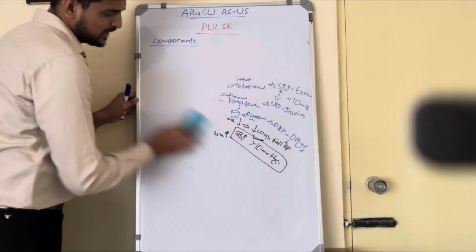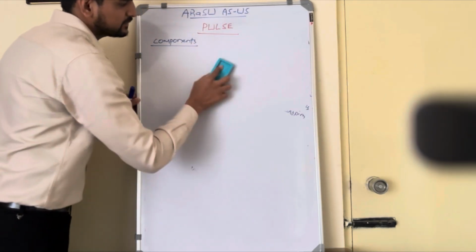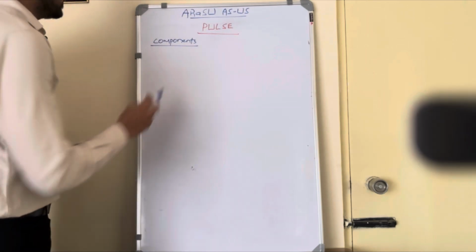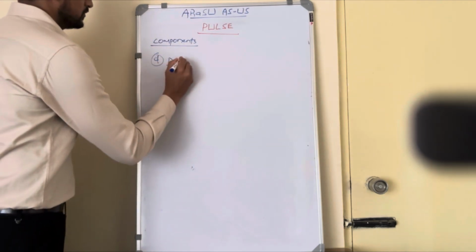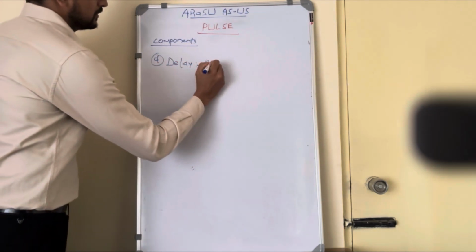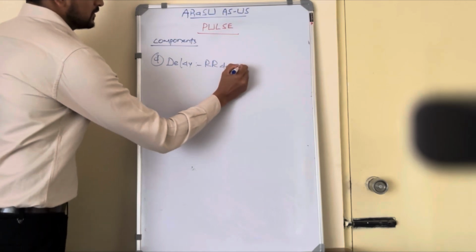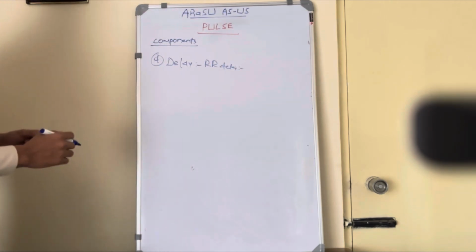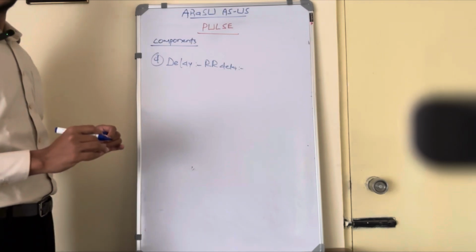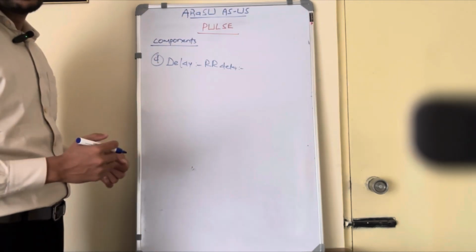Coming to the other components which we listed out at the beginning, it is about delay. So delay. One is radial delay. When we feel both the radial arteries at a time, there will be some delay, but it should not be made out by humans normally.